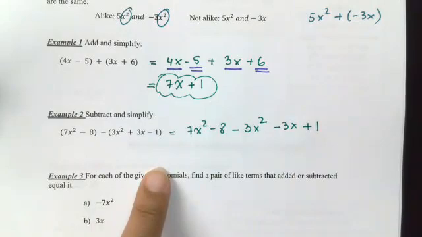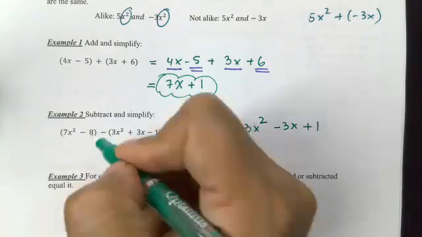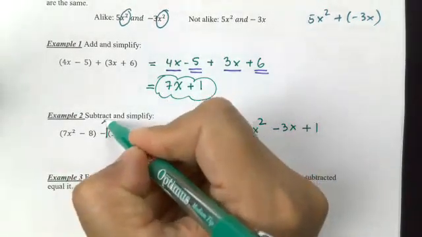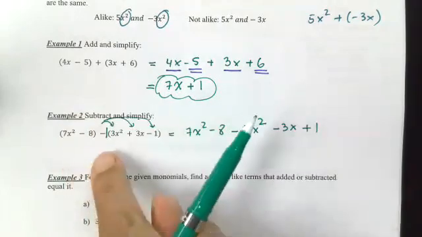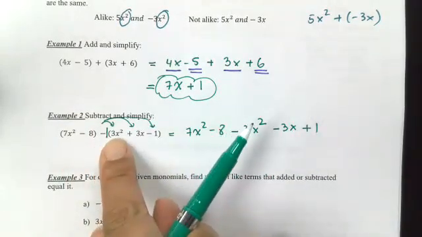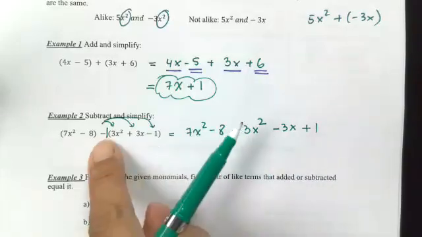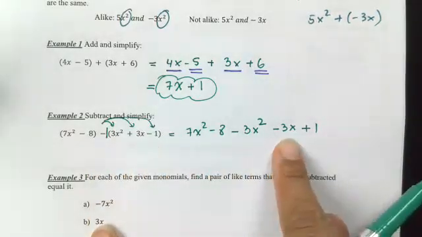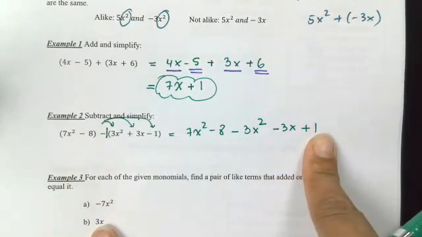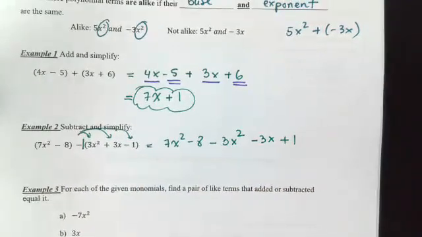Or in other words, apply the rule of signs. You can think about this negative as being negative 1, and then distribution, right? Multiply negative 1 by each of these coefficients. Negative 1 times positive 3 is negative 3. Negative 1 times positive 3 is negative 3. Negative 1 times negative 1 is positive 1. Okay, the rule of signs. Do you remember them?